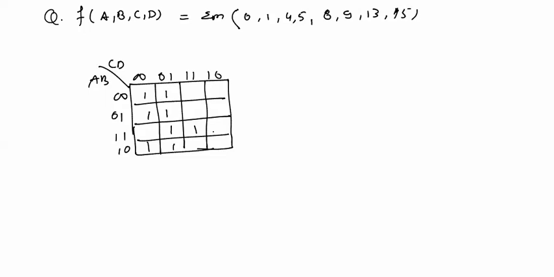Now these 4 ones are adjacent to each other and will form a quad. These 4 ones will again form a quad. There can be one more quad, but again to cover this one we will have to form a pair. So we will form only a pair. The quad will be redundant.